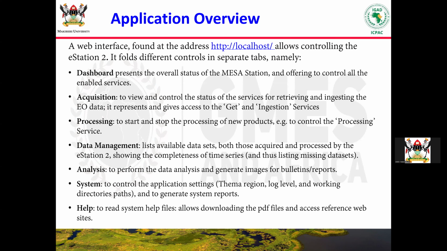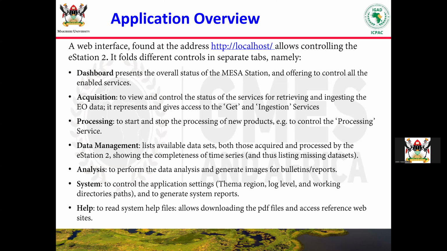The data management tab lists available data sets, both those that are acquired, which are more like raw, and the ones that have been processed. The processed ones are things like the decade, which is generated from daily data, the monthly, annual, or 3-month, quarterly, and all those things that are generated.